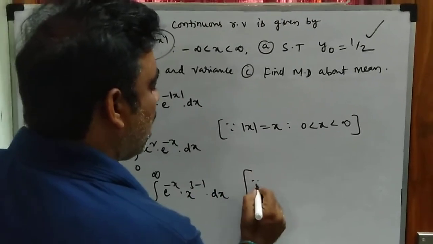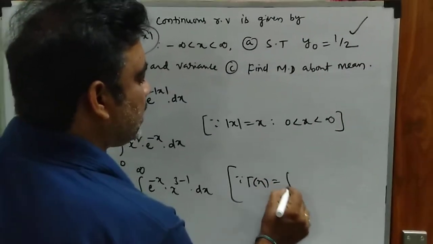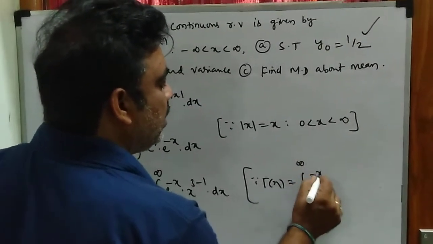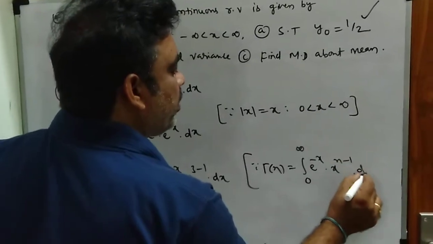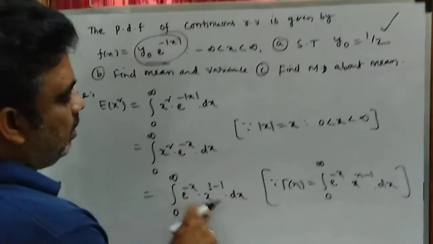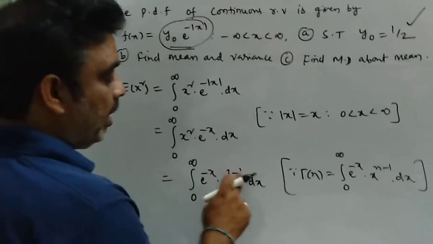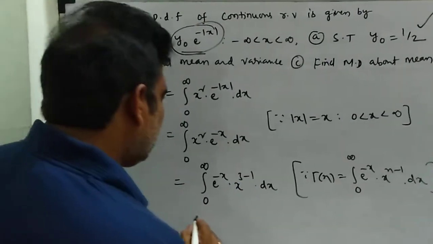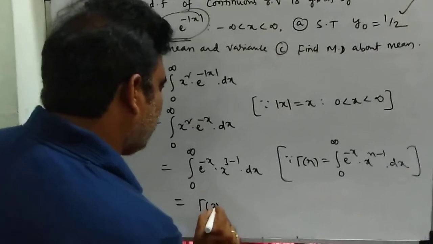We have the gamma function definition: gamma of n is integral 0 to infinity e power minus x, x power n minus 1 dx. So the entire value you can write as gamma of 3.